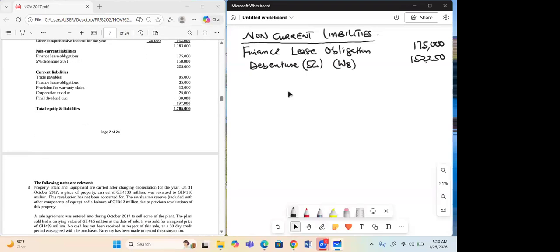Current liabilities. Trade payables. Did we do any adjustment to payables?